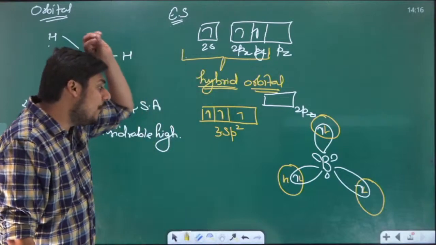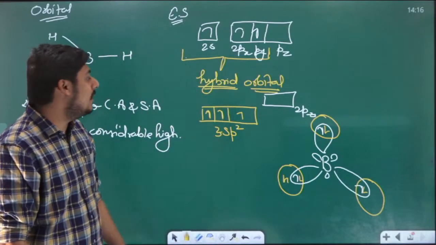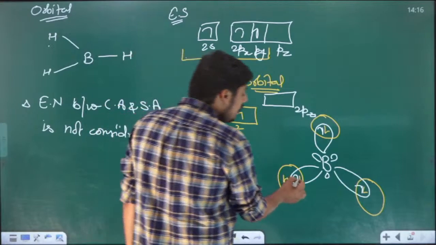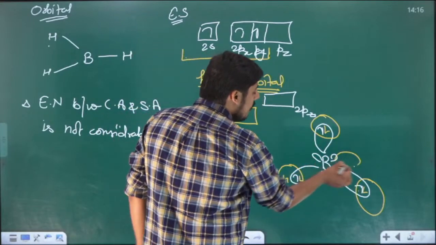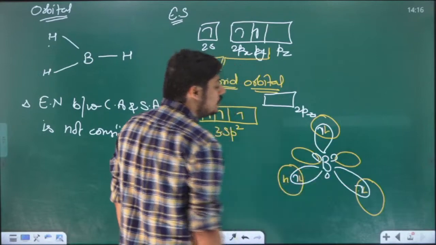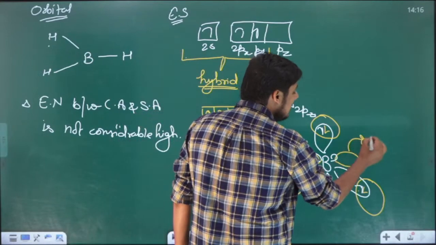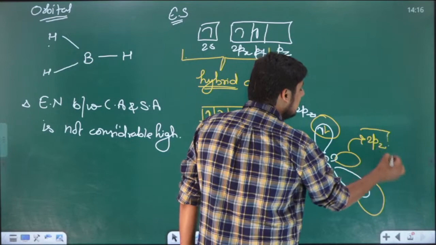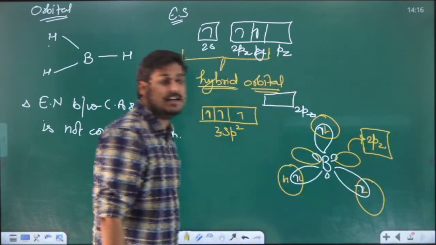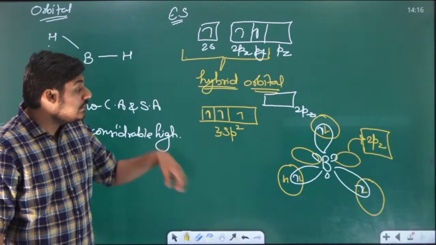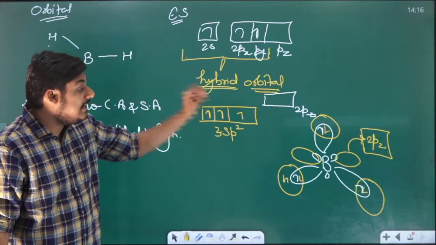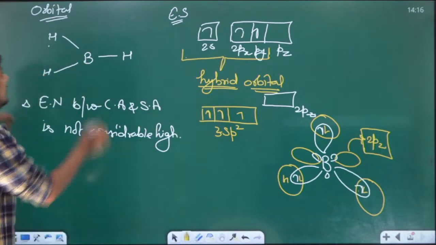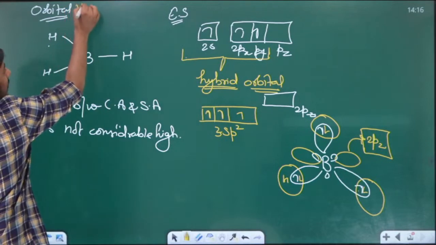Even after formation of this molecule, you will see that there is no completion of the octet, as well as there is a vacancy, which is orbital vacancy. This 2pz orbital is completely vacant. The valence shell orbital is completely vacant, and it is not even participating in mixing. And this vacant orbital defines orbital vacancy.